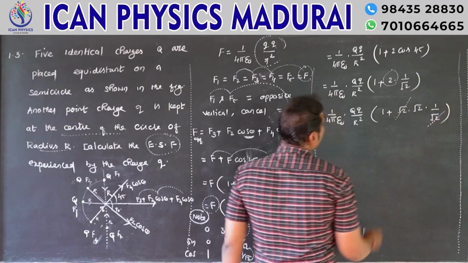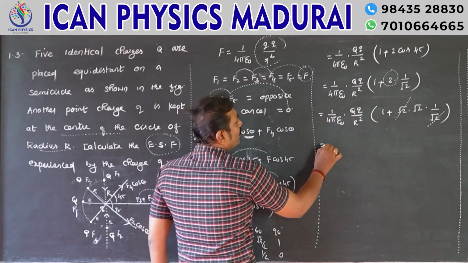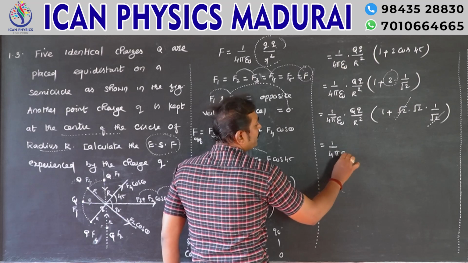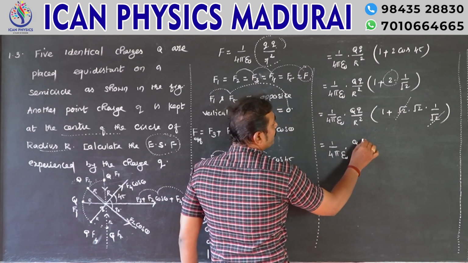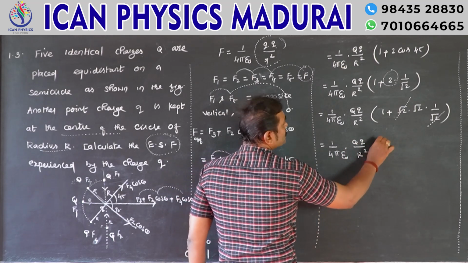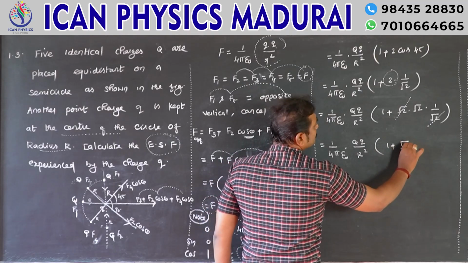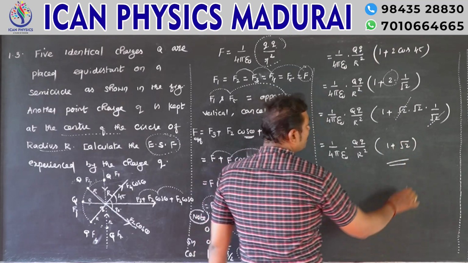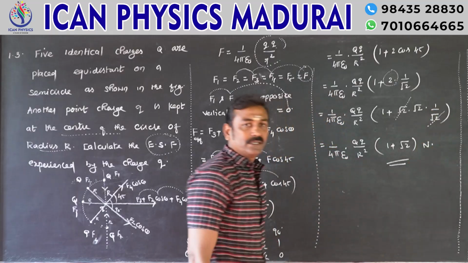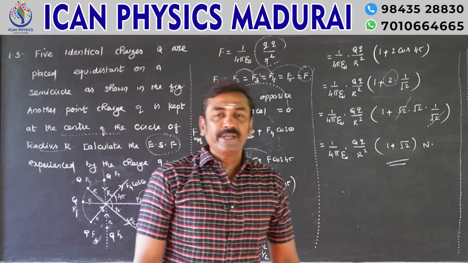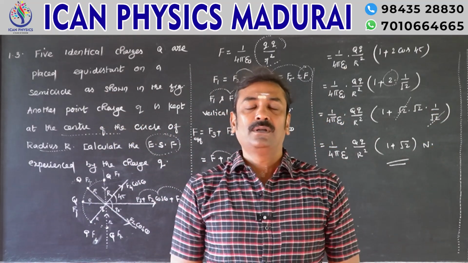So root 2 gets cancelled. So the force is 1 by 4 pi epsilon 0 capital Q small q by R square into 1 plus root 2. So this much of force, and its unit is Newton. Do you get it now? Do you have any doubt? No doubt.